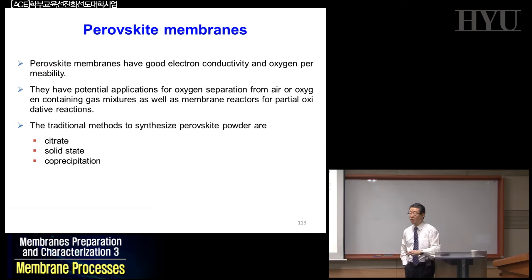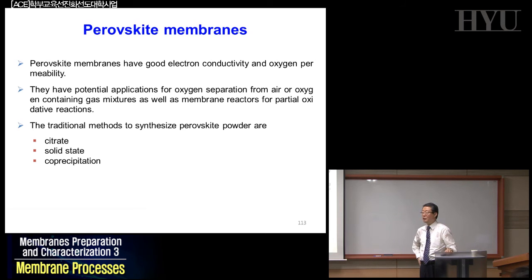In inorganic materials, we have some membranes called perovskite membranes. This perovskite membrane has pretty good electron conductivity. Okay? Electron conductivity is important in some applications, such as oxygen conducting membranes.